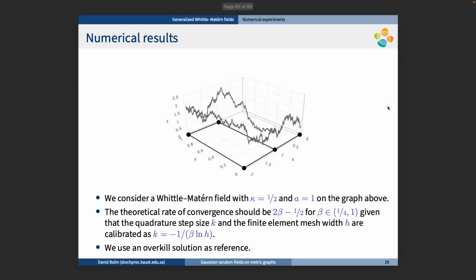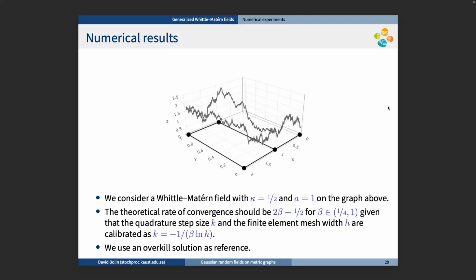Right, so just some numerical results here to illustrate that. So here is again a quite simple graph that we looked at. So we take this model, we fix just kappa to be constant, and then we look at this solution for different values of the smoothness parameter, and then we look at different meshes, and for each mesh we choose the quadrature step size.